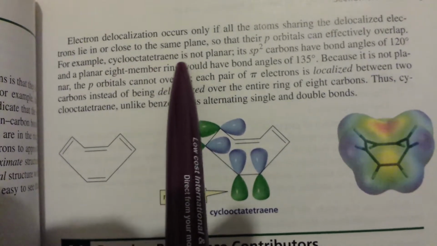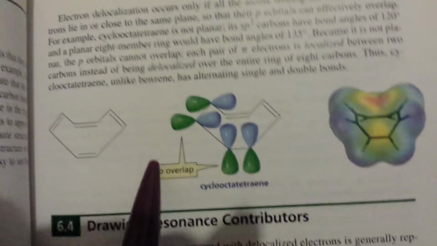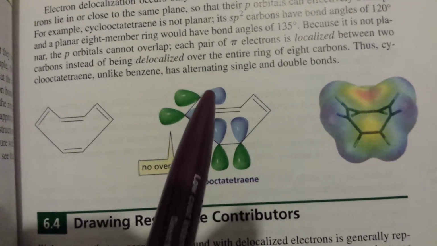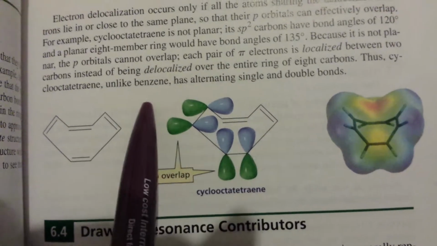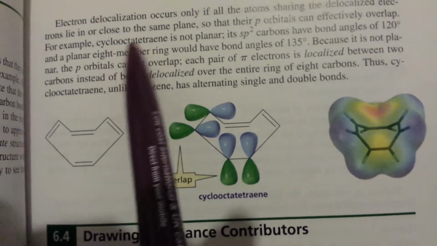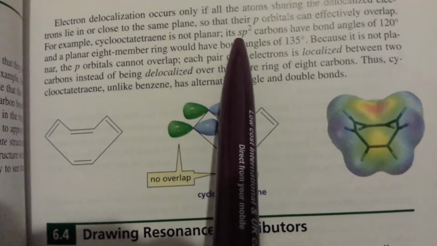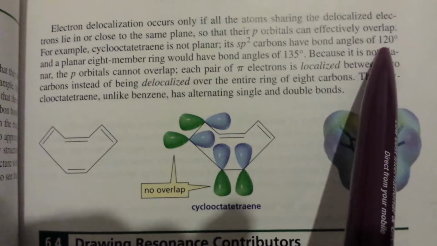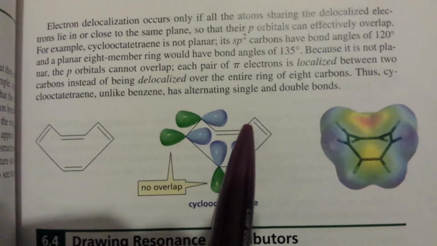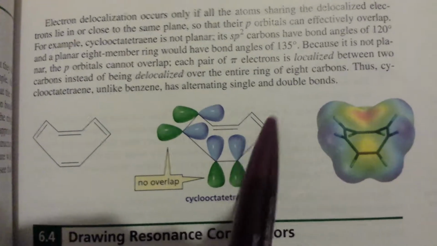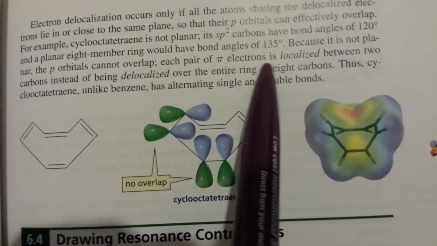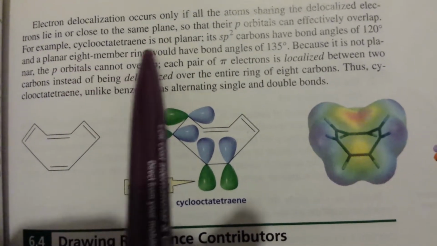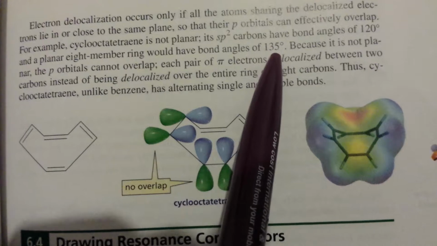For example, cyclooctatetraene. This is cyclooctatetraene: 1, 2, 3, 4, 5, 6, 7, 8. Cyclooctatetraene is not planar. It has sp2 carbons, which have a bond angle of 120, and a planar 8-member ring would have a bond angle of 135.